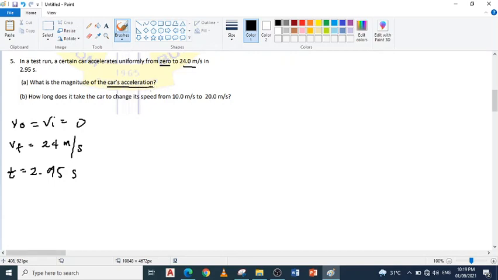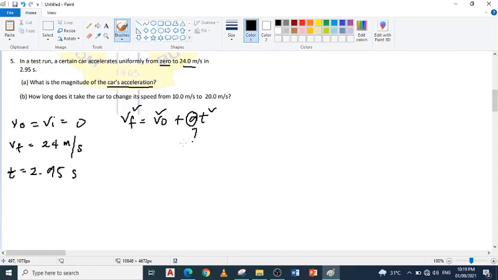So we can solve this one using the first equation, Vf equals Vo plus at. Since Vf is given and t is given, we can solve for acceleration.